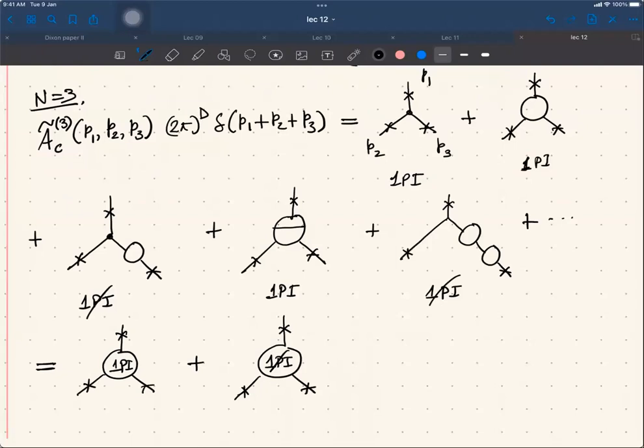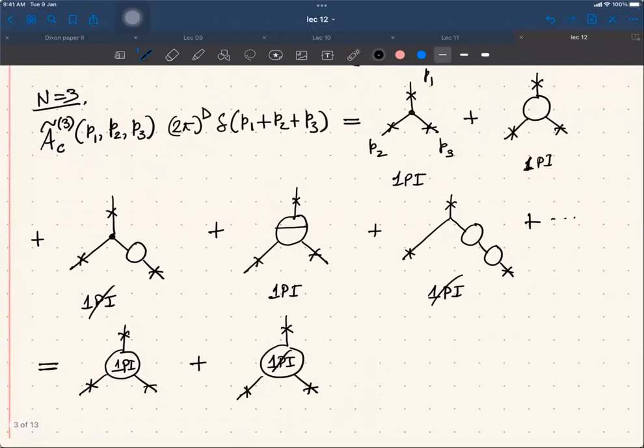We are attacking the question the same way as we did for n equal to 2. And as you can easily convince yourself, whenever the vertex itself is resolved into certain loop sub diagrams, there are two broad topological categories when you draw such diagrams.